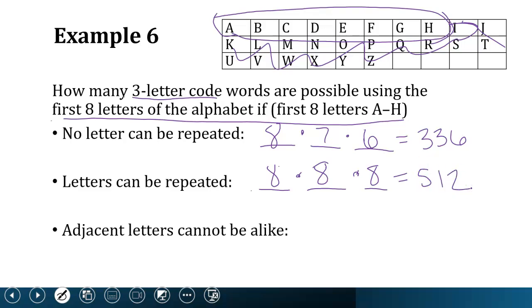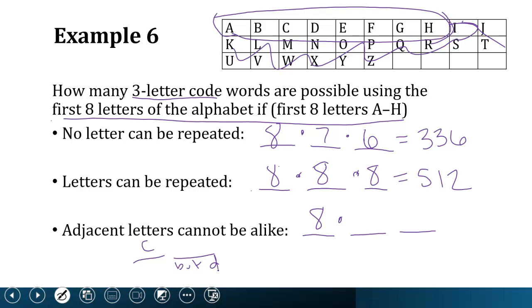Adjacent letters cannot be alike. So if I have my 3 letters and my first choice, I have 8 choices. So now, say I choose C for my first choice. The next letter can be everything but D, adjacent letters.